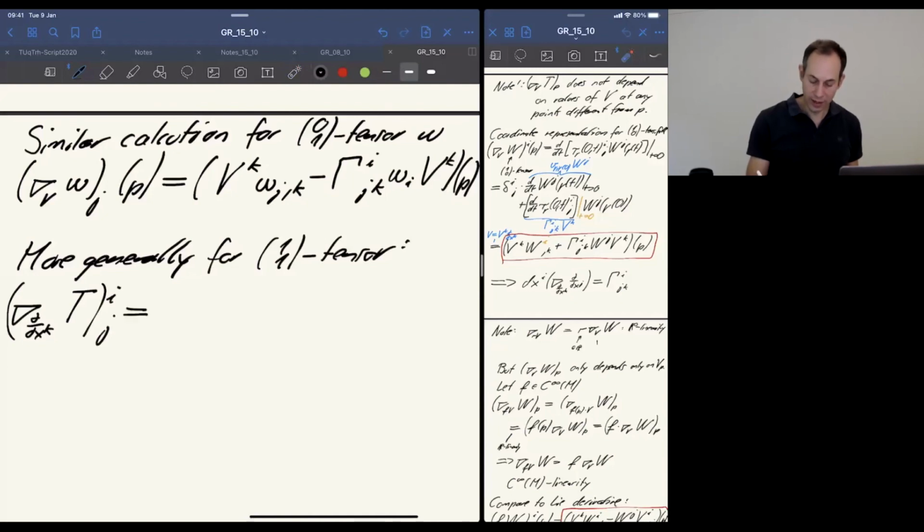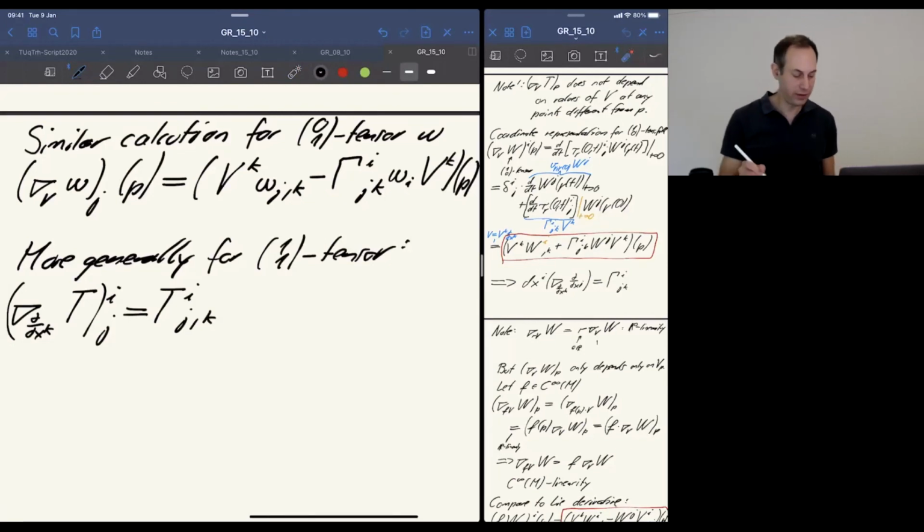So again, the first term in the sum will just be the partial derivative. So that's the thing you would certainly expect to have. You have this partial derivative, but then we have these gamma correction terms, and the first one is for the index.